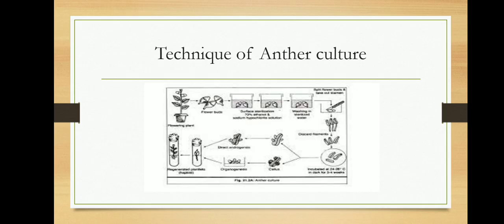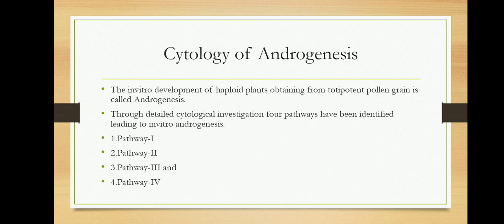From the callus, we can get several embryoids. From each embryoid, we can get one haploid plantlet. Okay, this is about the technique of anther culture. Then next we will see the cytology of androgenesis.